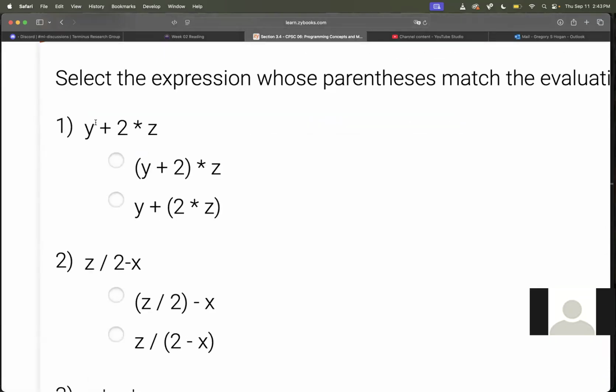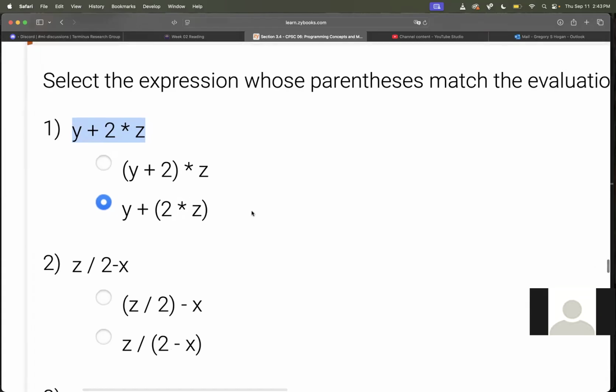If you look at this one, x plus 2 times z, you should know from math that multiplication happens before addition and subtraction. So in this case, the part that I've highlighted, the 2 times z, happens first, which means this line here is the same as this one.